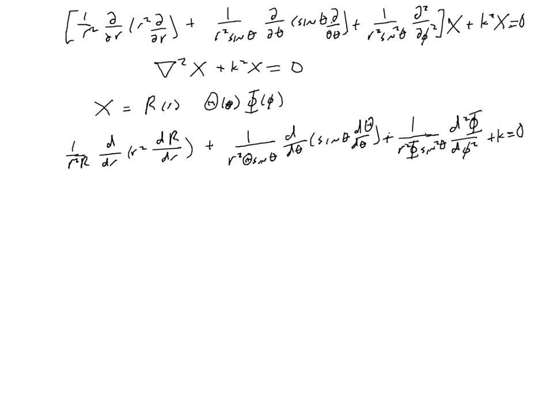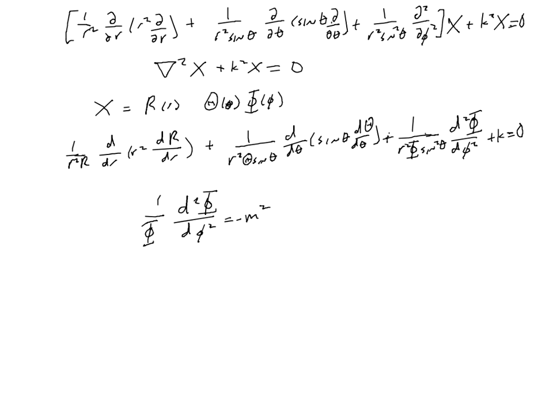So what we could do is say, well, ignoring the r squared and the sine theta, everything else here is a constant. So the second derivative of Phi with respect to phi, times 1 over Phi, is equal to a constant called minus m squared.